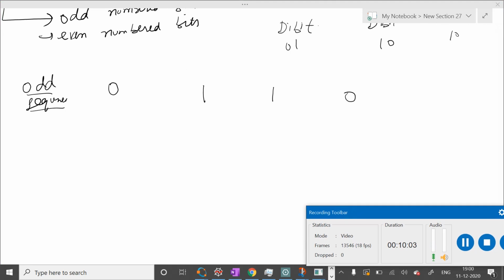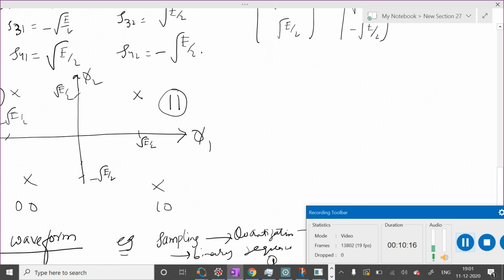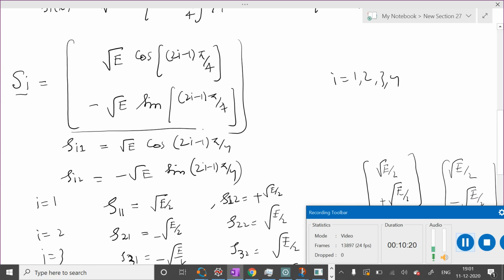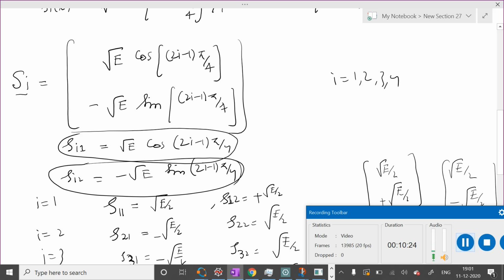Now you remember the nomenclature. So Si1, this is representing the first part. Okay, let me go back here. Si1 represents the cos part. Si2 represents the even part.